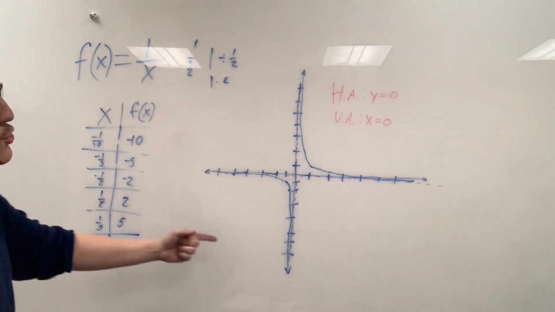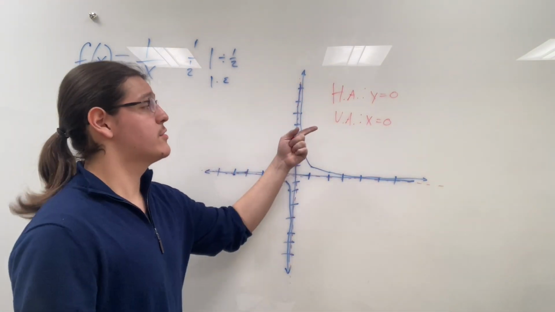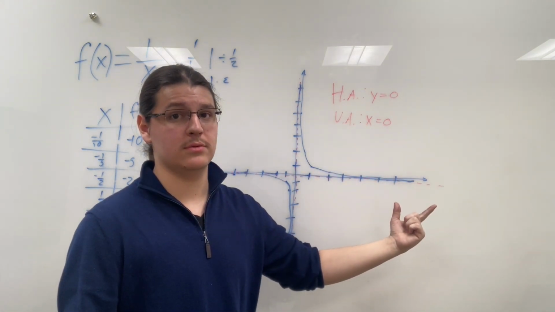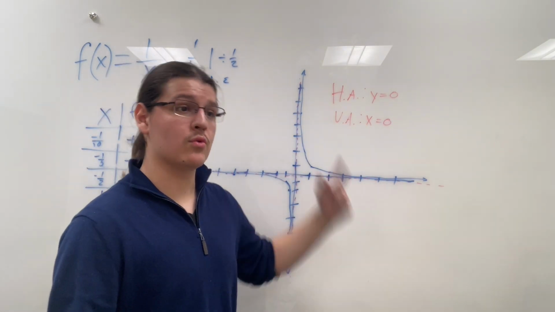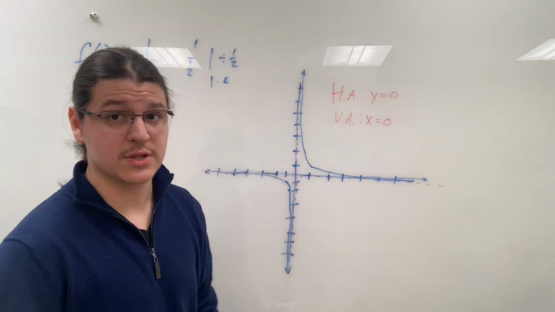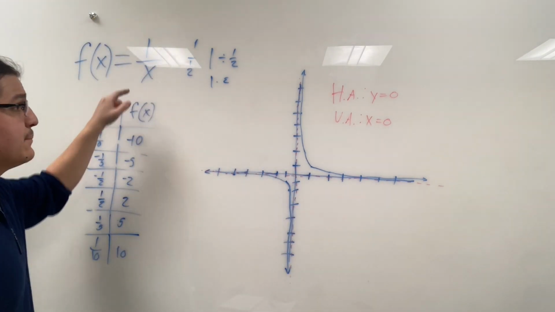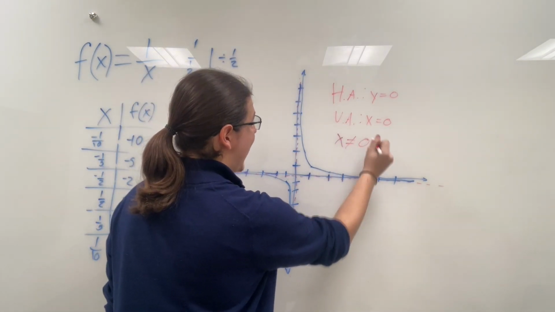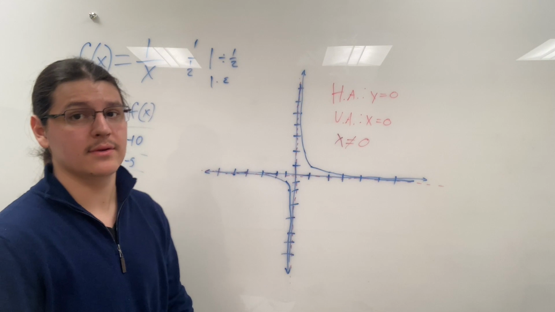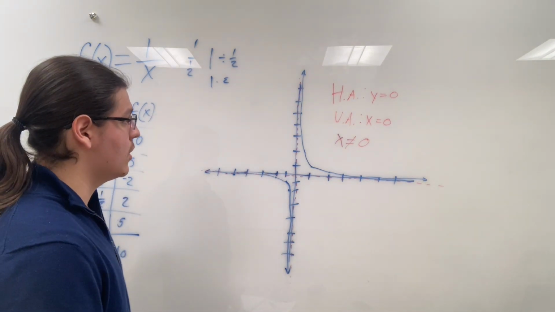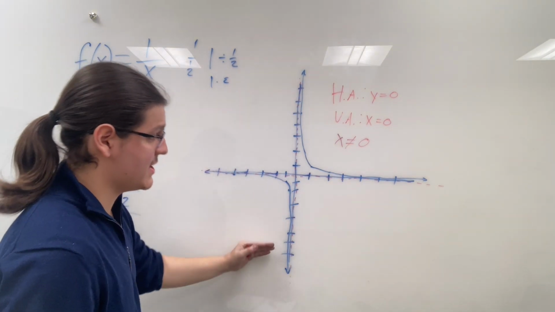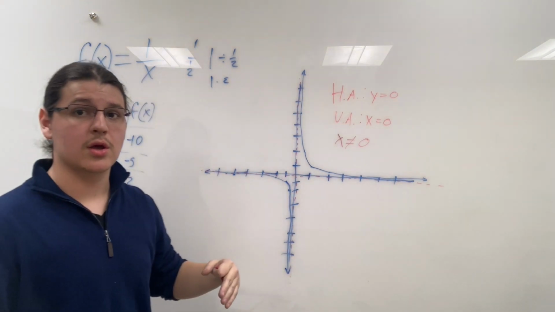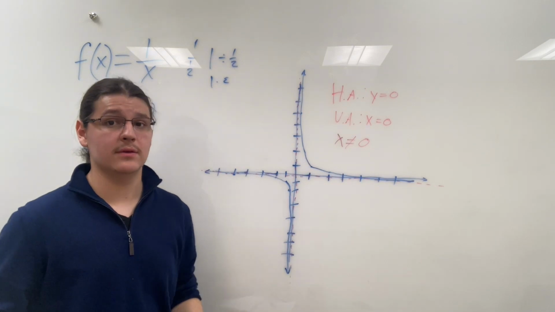And here we clearly do have a domain restriction. Hint, your vertical asymptote is always going to be your domain restriction. We can say that for our inputs, x cannot be equal to 0. We have to restrict our domain. We don't have to restrict our range because we can't control what our range is going to be, right?